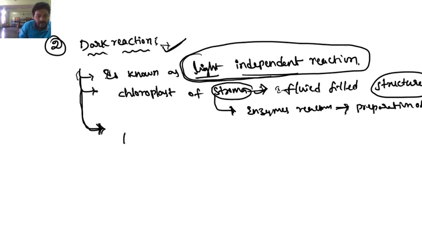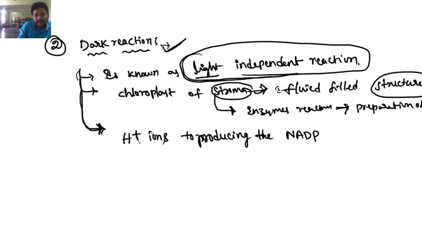At the same time, H+ ions are used to produce NADP, and the NADP forms NADPH.